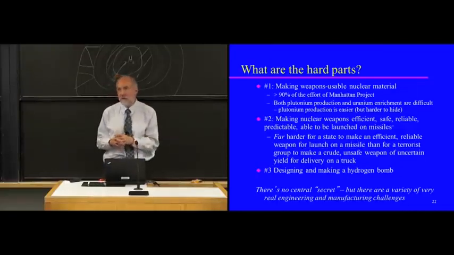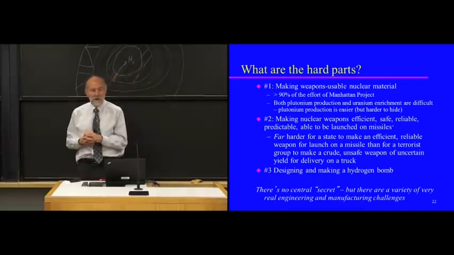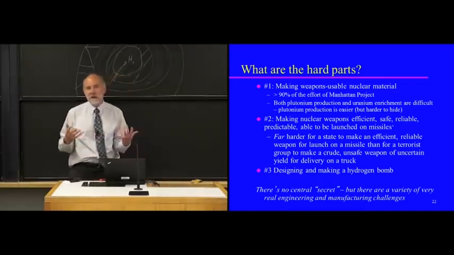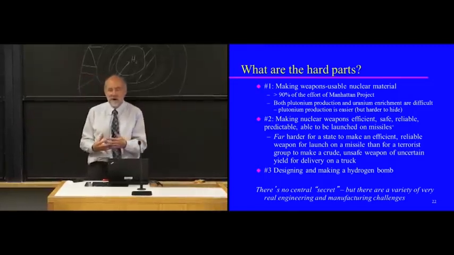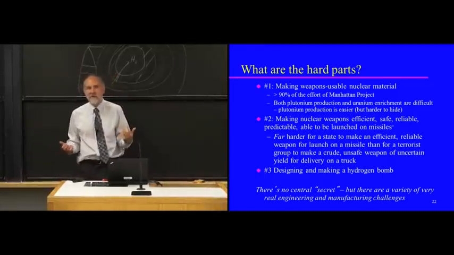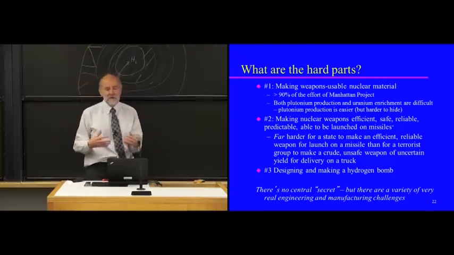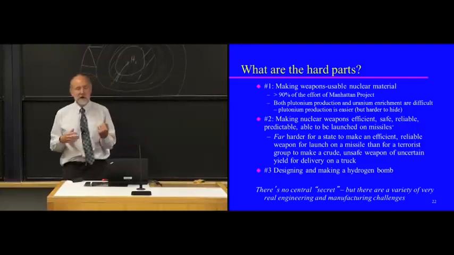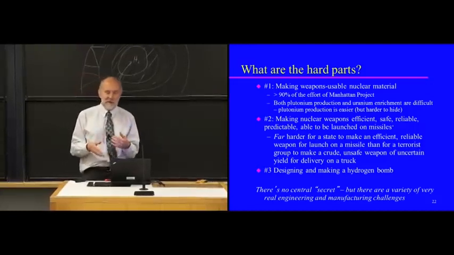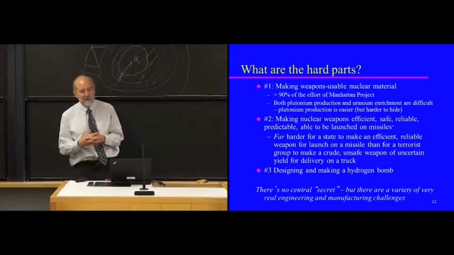All right, so what are the hard parts of making a nuclear bomb? First, making the nuclear material. That's overwhelmingly the most difficult part. More than 90% of the effort in the Manhattan Project was devoted to making the nuclear material rather than to the design, the manufacturing, etc. of the bomb.